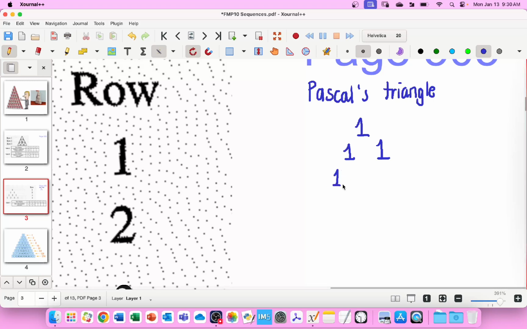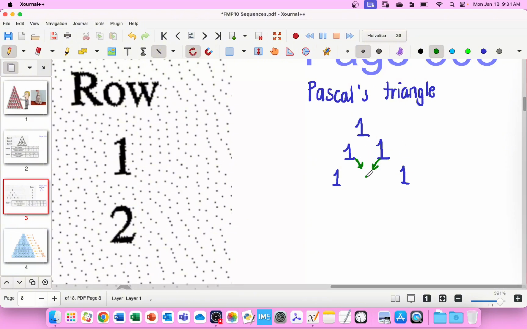So we put the 1 here, we put the 1 here. But where do these other numbers come from? Well, what's the sum of these two numbers? 1 plus 1 is 2, right? So that's how that works.